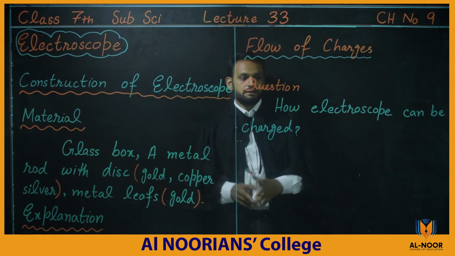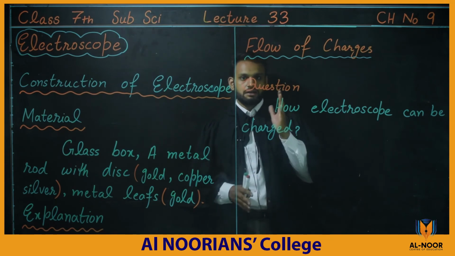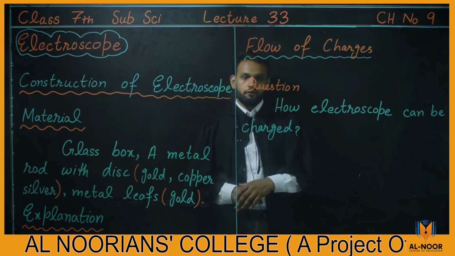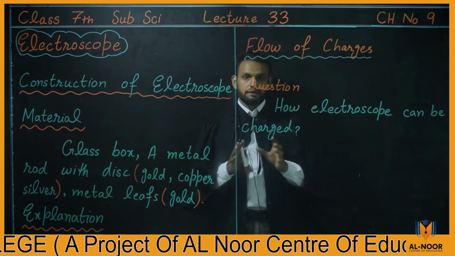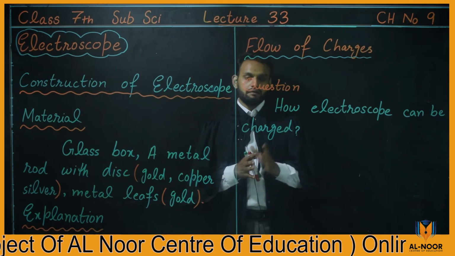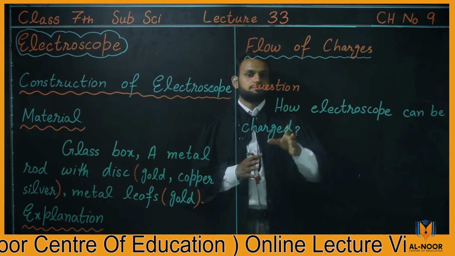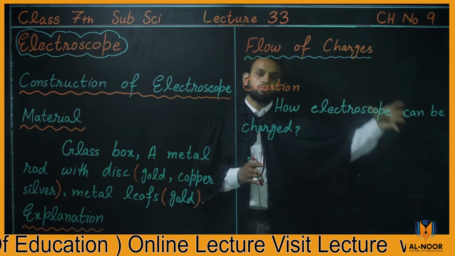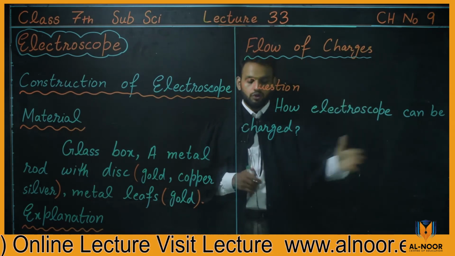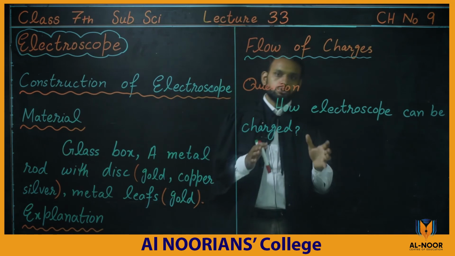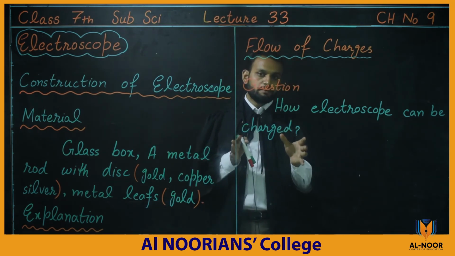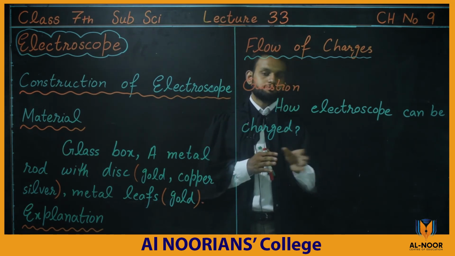After the answer of this question comes flow of charges. Keep in your mind that charges always flow from high level to low level, or high potential to low potential. Take two electroscopes and separate them by a distance.